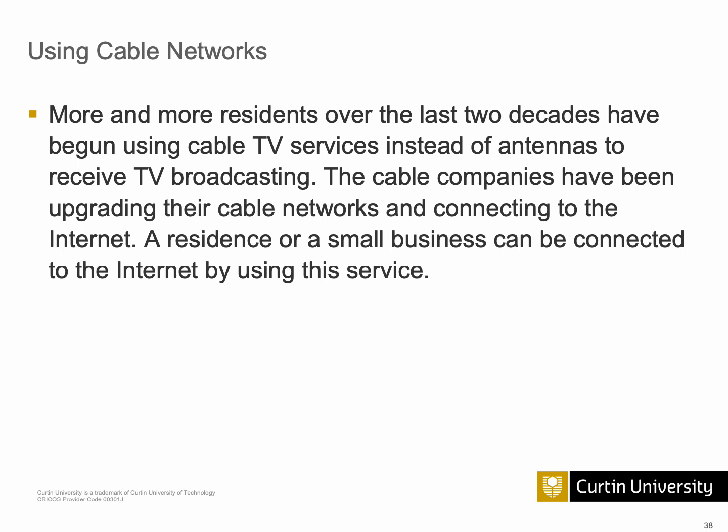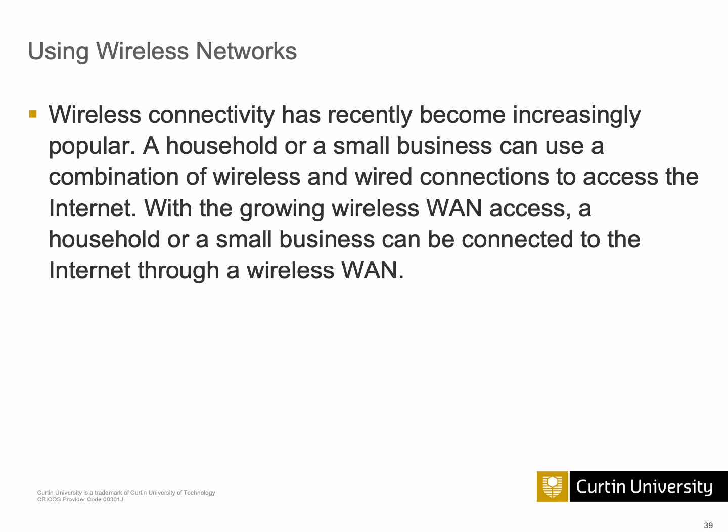Then we can connect to the Internet through cable networks. Most people use cable TV instead of antennas. The cable companies are upgrading their cable networks and connecting to the Internet. So a house, residence, or business can also connect to the Internet using this service. We can also use wireless networks.